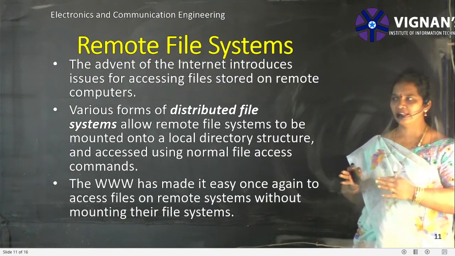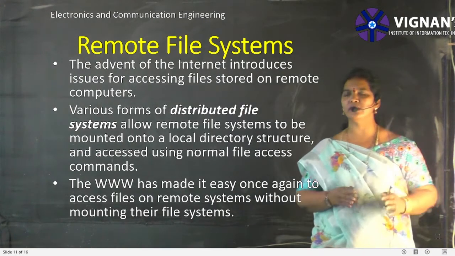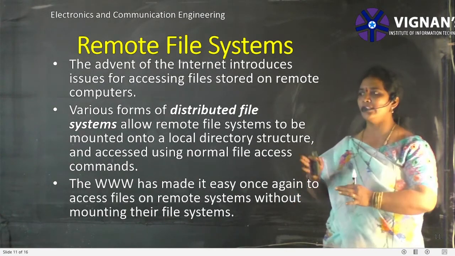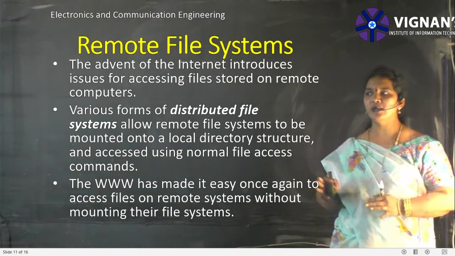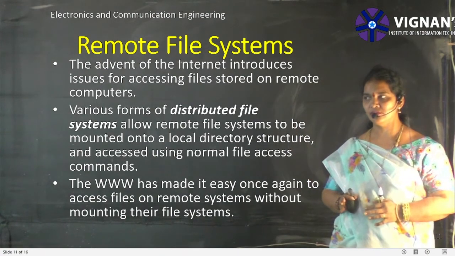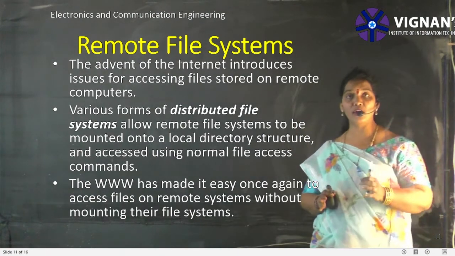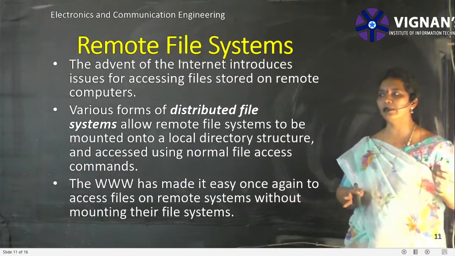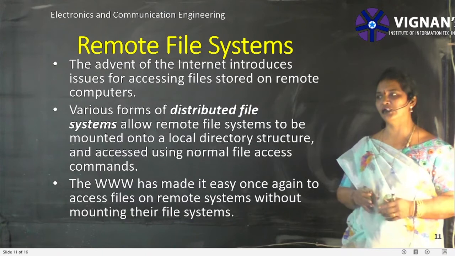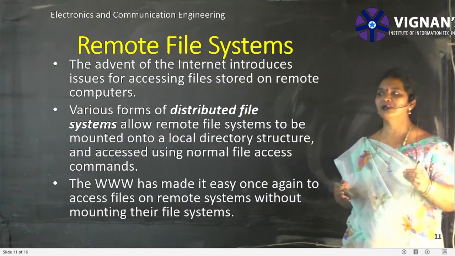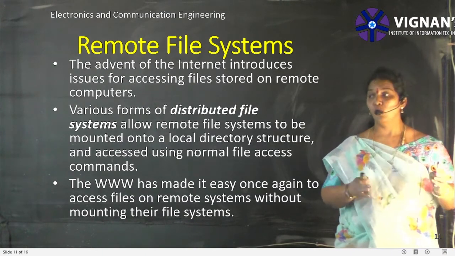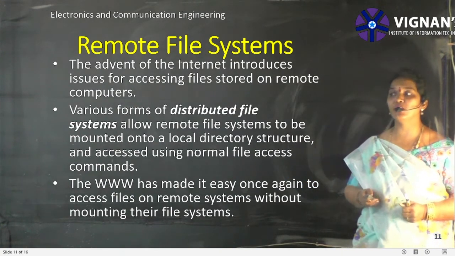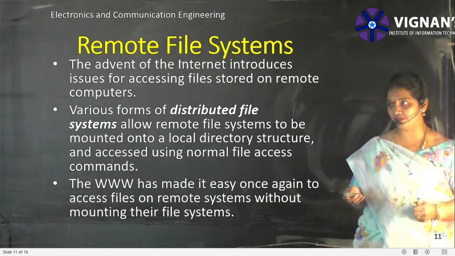Various forms of distributed file systems allow remote file systems to be mounted on a local directory structure and accessed using normal file accessing commands. The World Wide Web has made it easy once again to access files on remote systems without mounting their file systems.